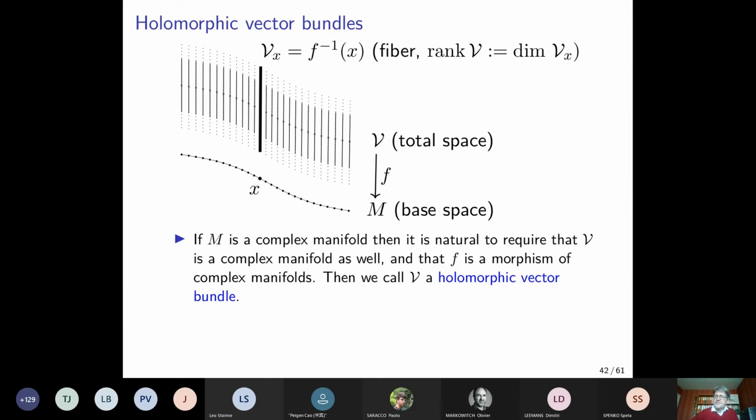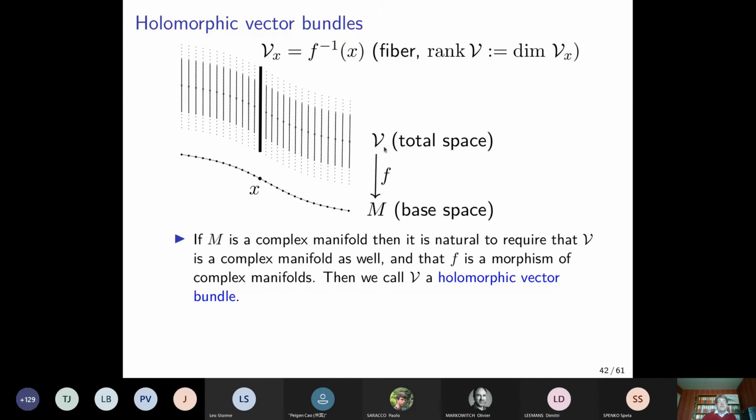Now, if we're on a complex manifold, let's go back to the definition of vector bundles. So recall that a vector bundle had a total space mapping to a base space, and the fibers were vector spaces.